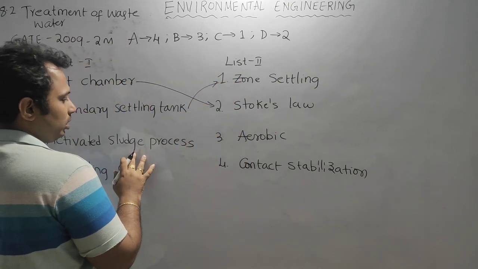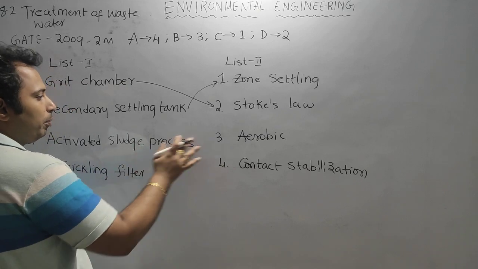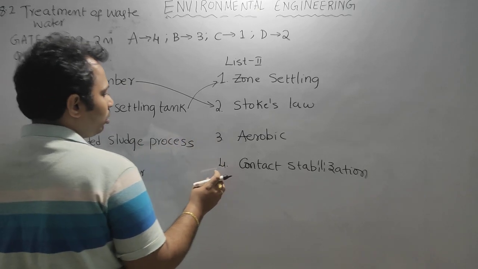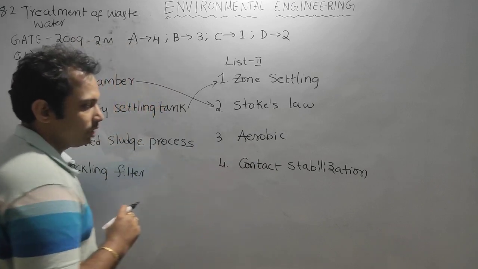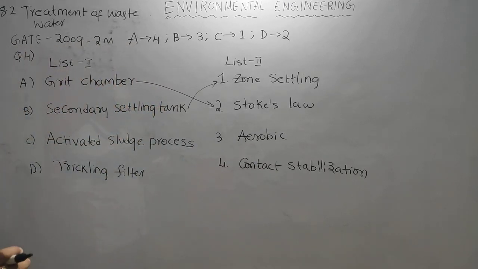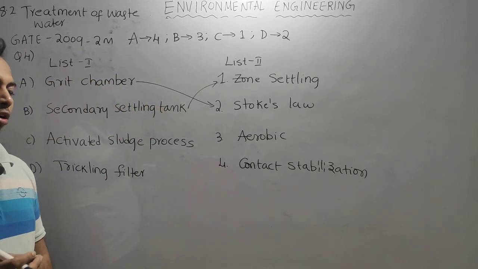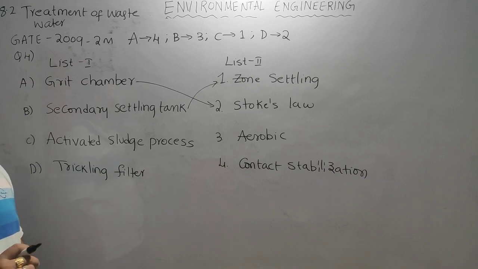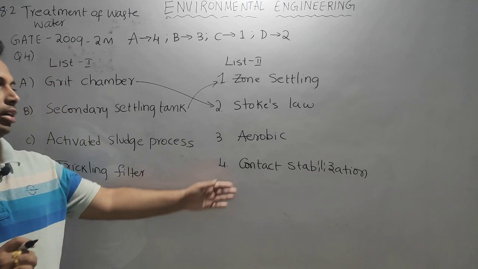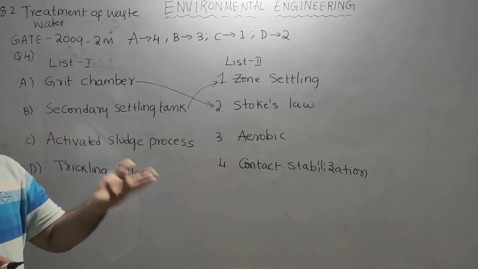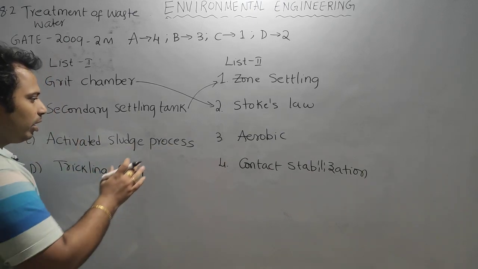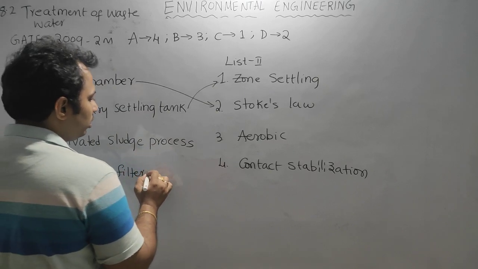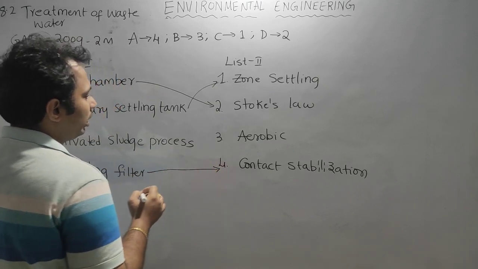Activated sludge process and trickling filter, both are aerobic processes only. But contact stabilization means the organic matter and the biomass come in contact and stabilize. That is attached growth culture. Where do we observe the attached growth culture? In trickling filter we observe the attached growth culture.